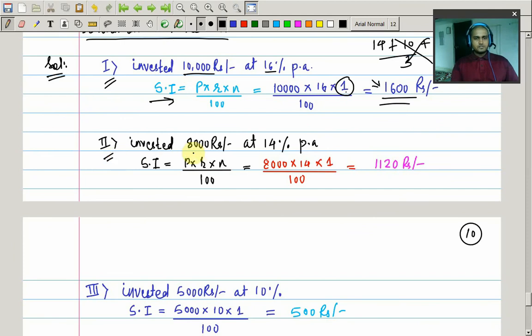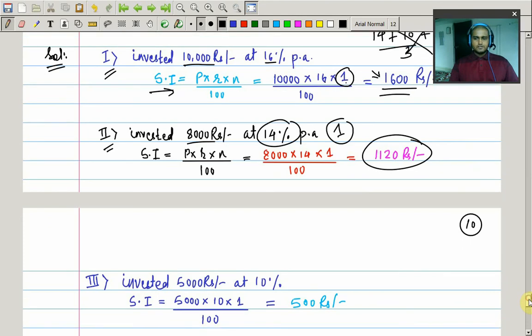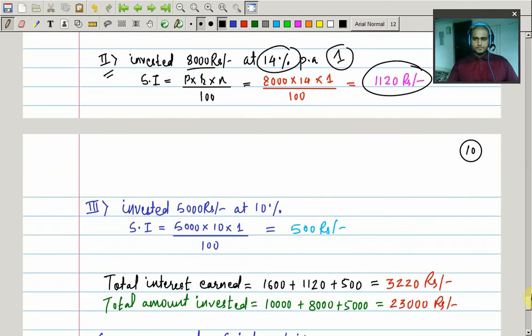Second investment is 8,000 at the rate of 14% per annum, and I'm keeping it for 1 year. So simple interest is this, and the third investment is 5,000 at this rate. According to simple interest formula, the interest earned on this at this rate is 500 rupees.